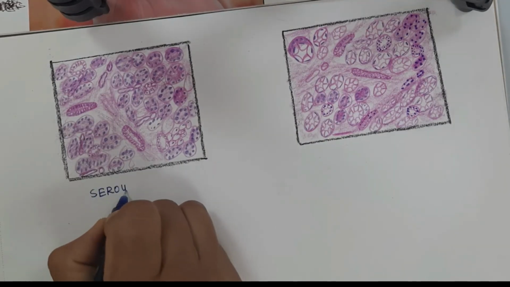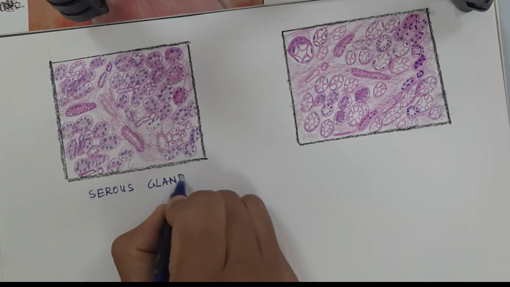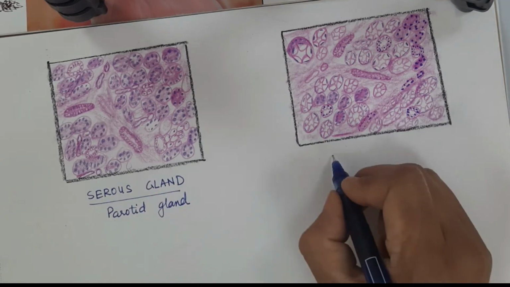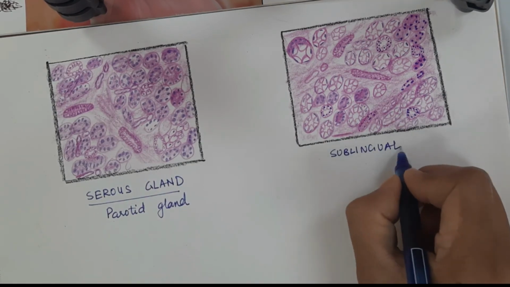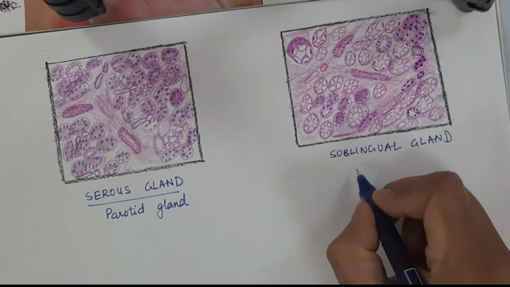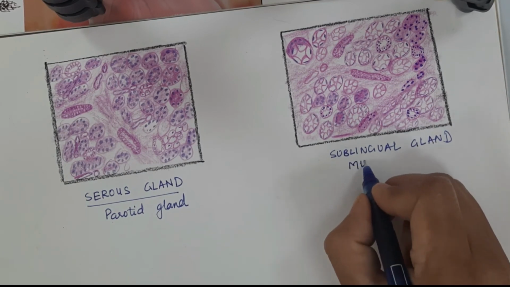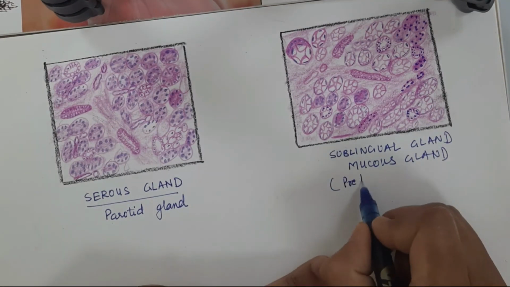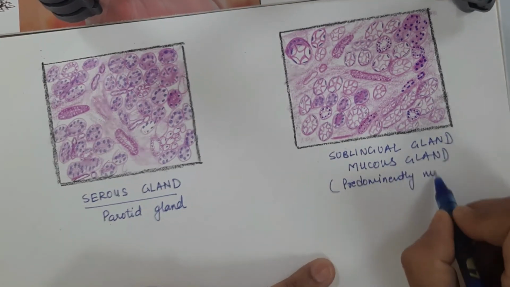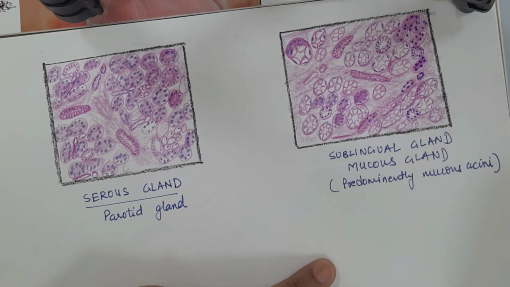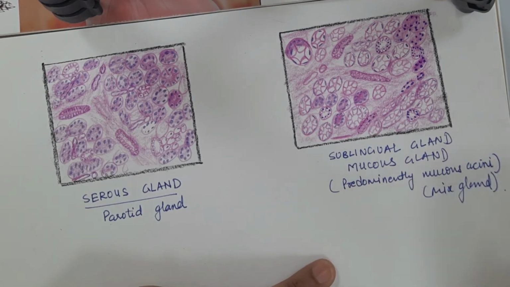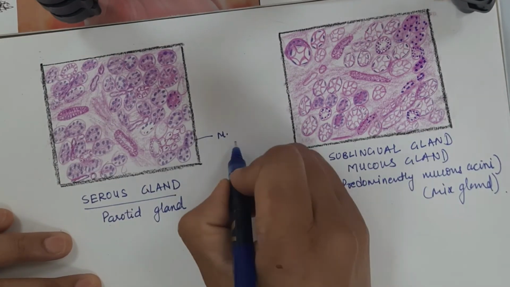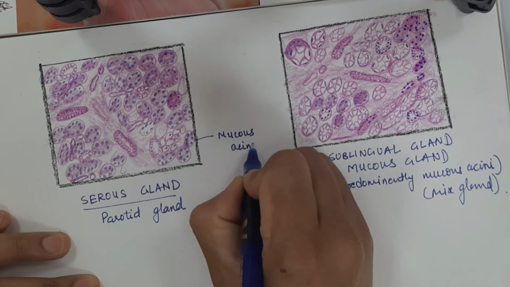Labeling: serous gland. The parotid gland is a pure serous gland. The sublingual gland is a mixed gland that contains predominantly mucous acini. Mucous acini present in the sublingual gland.